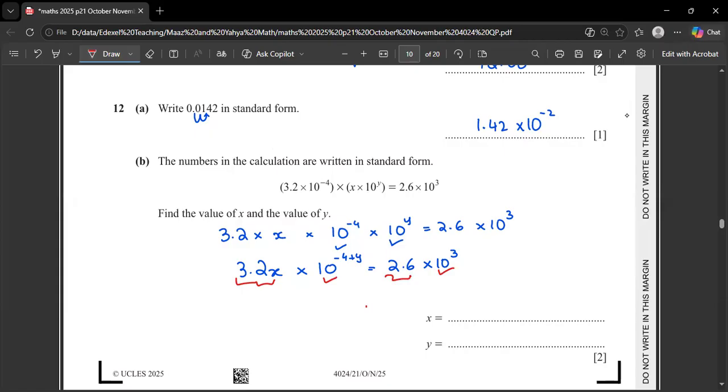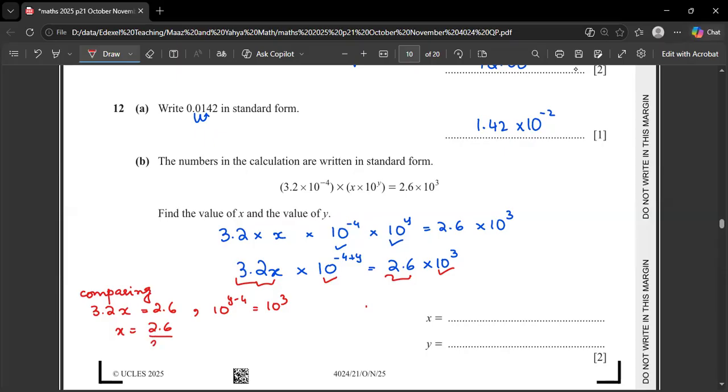So can we compare? So we'll be getting 3.2x equals 2.6, and 10 to the power y minus 4 equals 10 to the power 3, right?